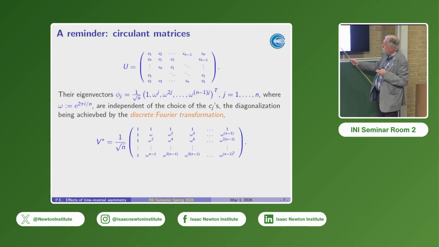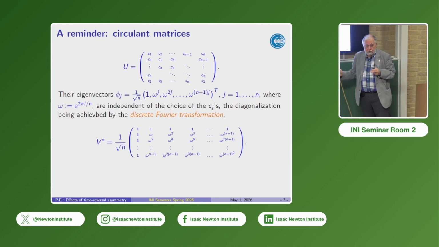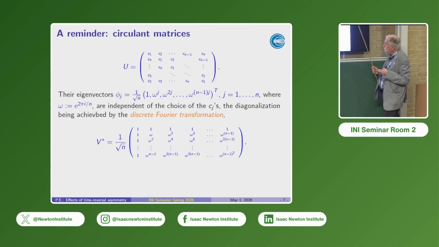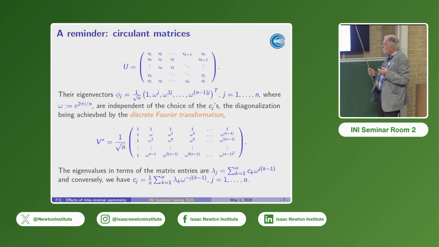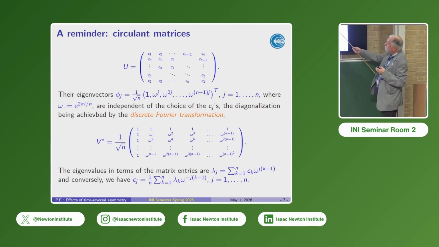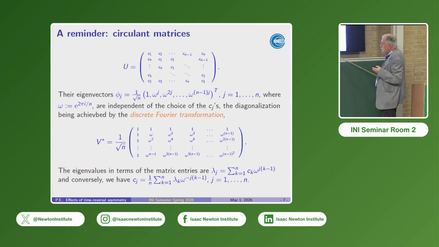They are of this form, where omega is just the nth complex root of unity, and they are all diagonalized by the discrete Fourier transformation. And not surprisingly, there is a relation between their eigenvalues and the entries of the matrix, these linear relations.